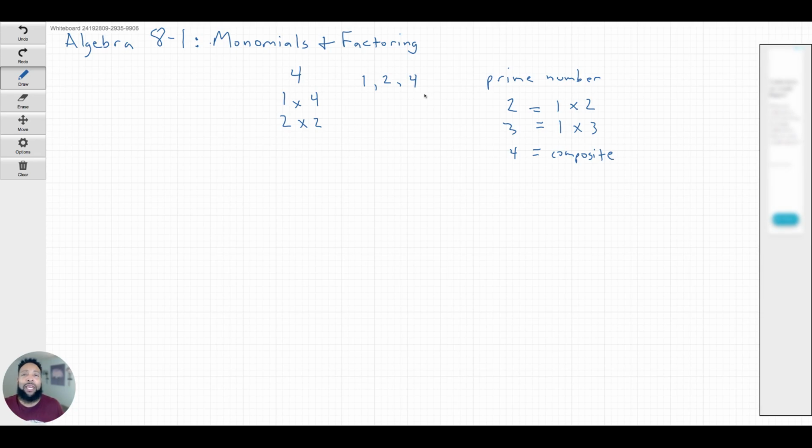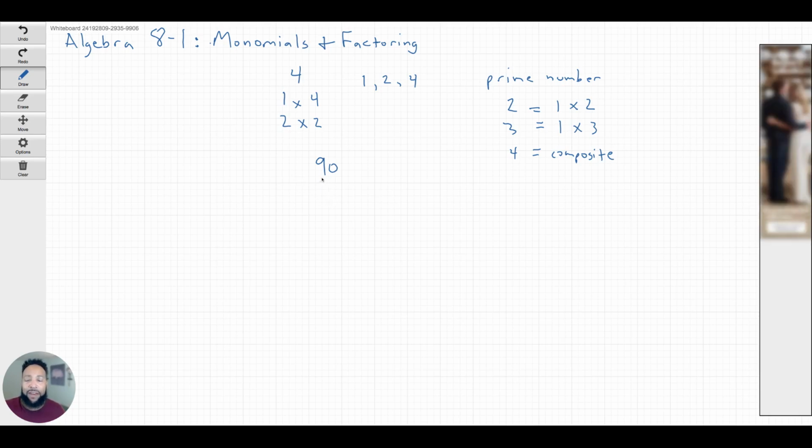So what does that mean? What does that have to do with anything? When we get into more algebra down the line, when you're going to be looking at common factors, greatest common factors, least prime factors, these are the building blocks of what we're talking about. So let's take, for example, let's say the number 90. And we say, give me the common factors or the least prime factors of 90. So we say 90 is 9 times 10.